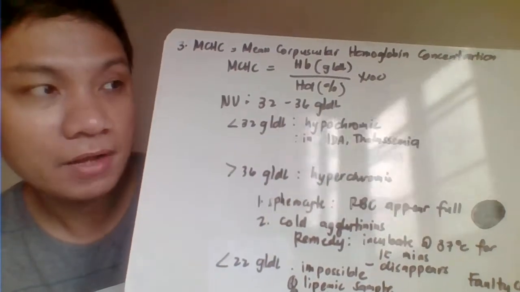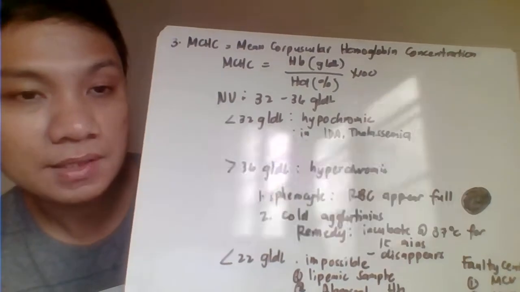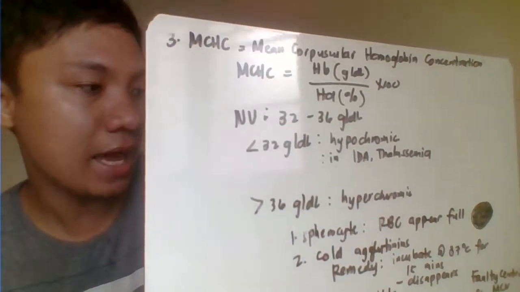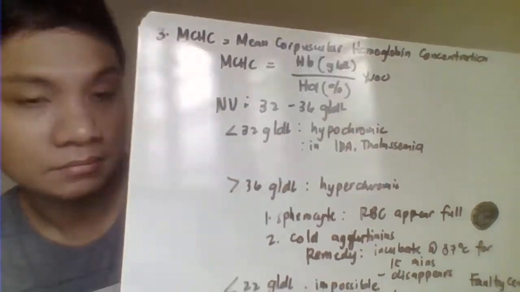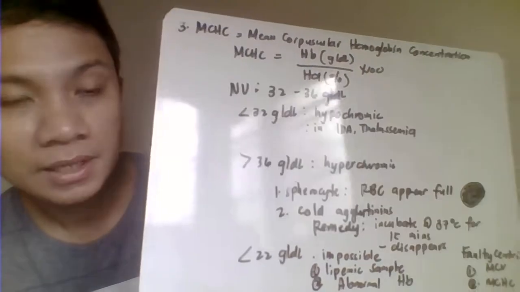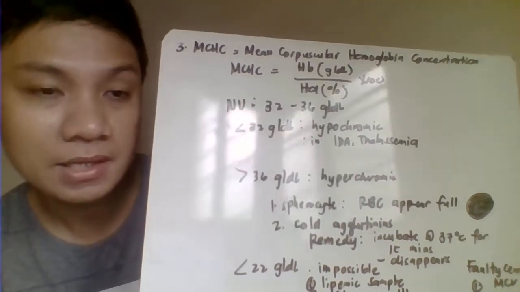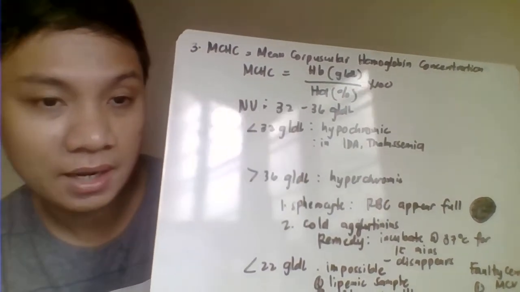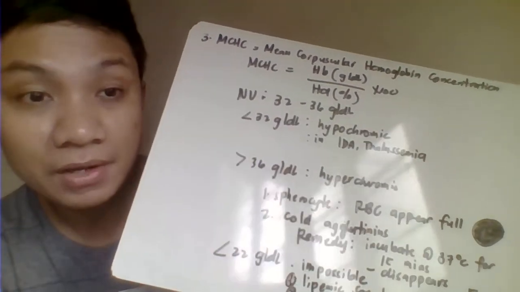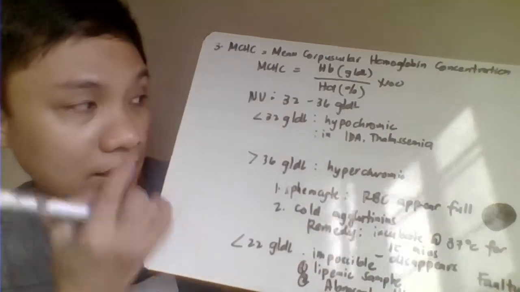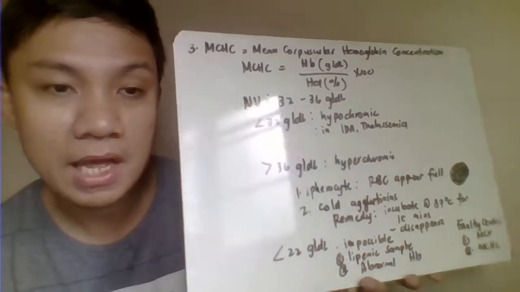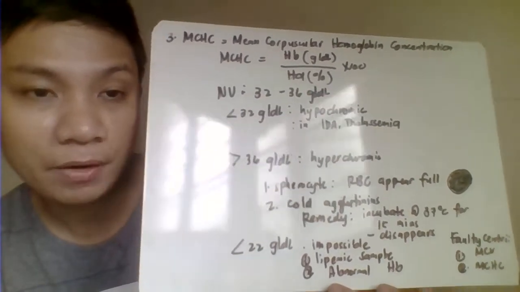The normal values for that, we have 32 to 36 grams per DL. Again, less than 32 grams per DL, that's your hypochromic. This is related also to your microcytic. Pareho lang din naman sila. And more than 36 grams per DL, we classify that as hyperchromic.